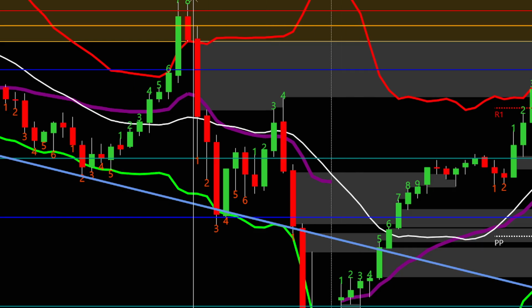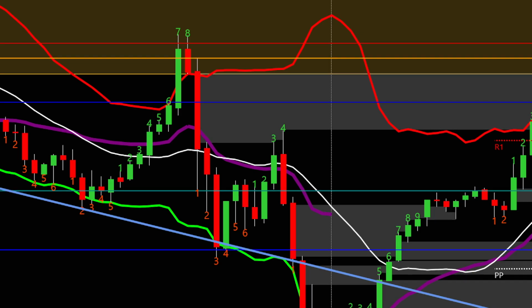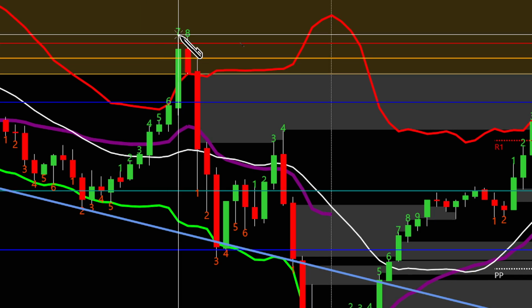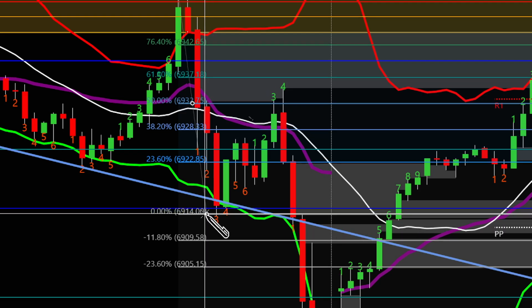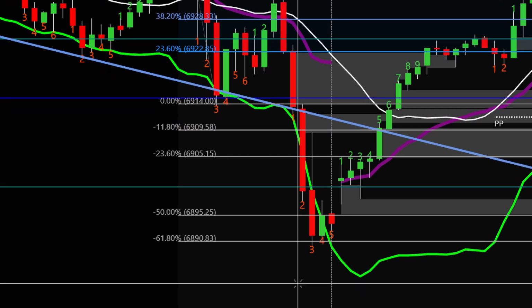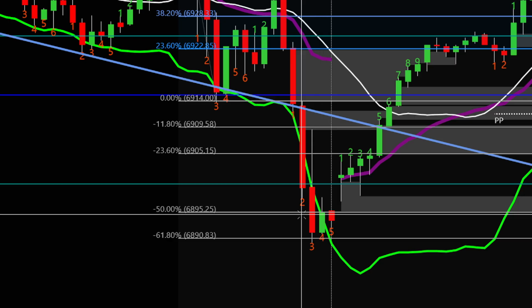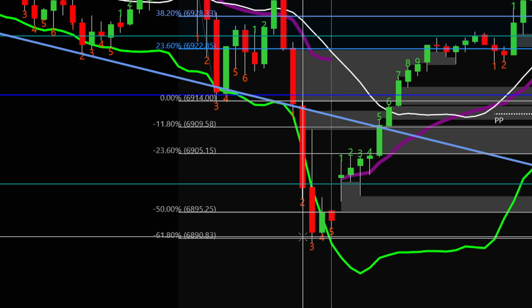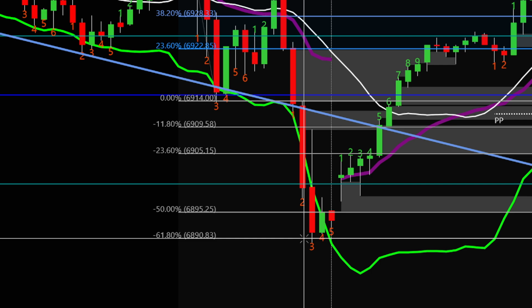You say, well, can you do a measured move from here? Let's see what happens. From here to here. We made 50%. We made 60, right? Pretty much. I mean, a tick or two, but there's your 61.8.